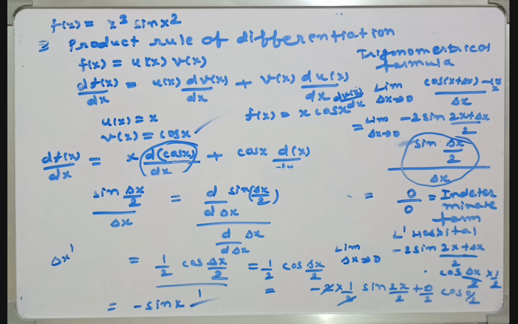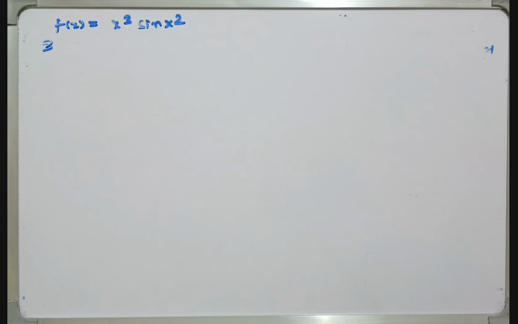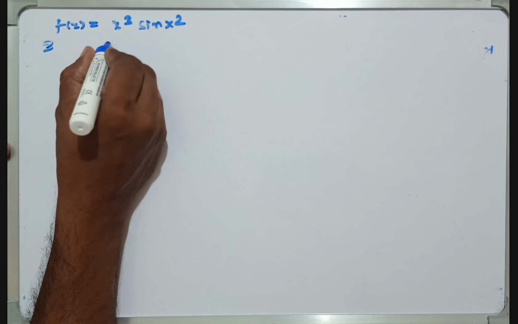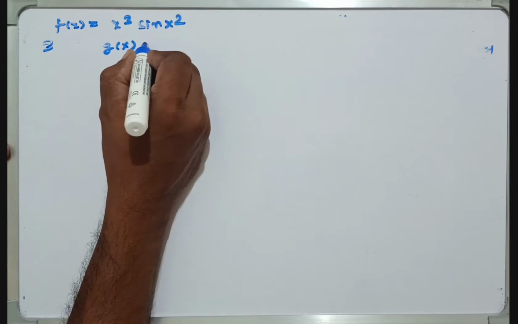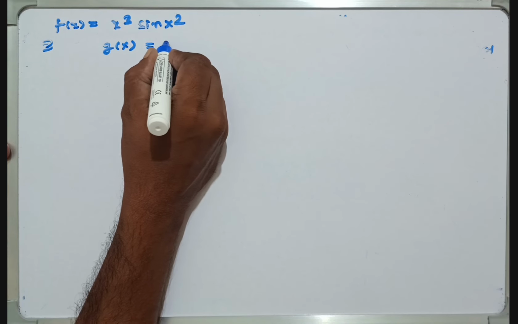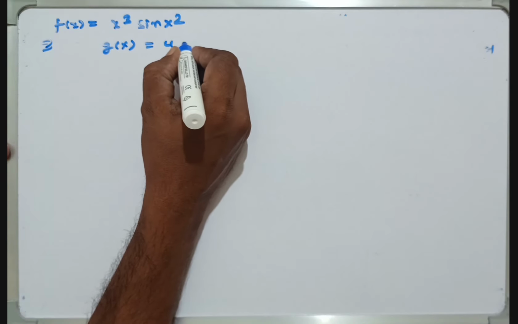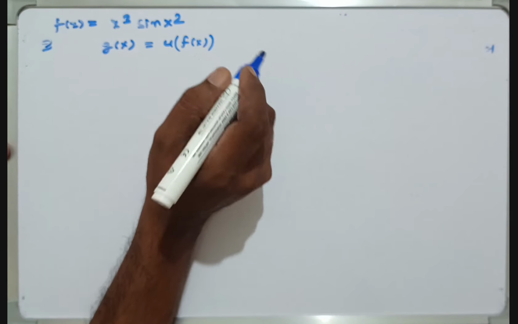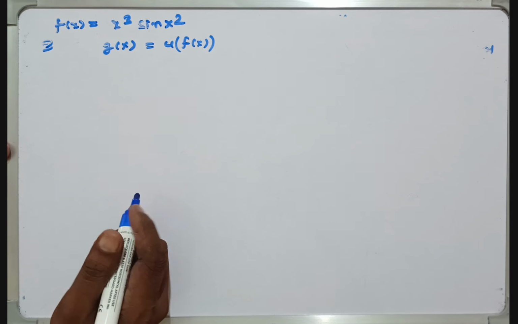Okay, so guys, now see the fourth rule of differentiation. The chain rule says here, suppose g(x) is a function of any function like this one. Okay, so how could you take a differentiation?